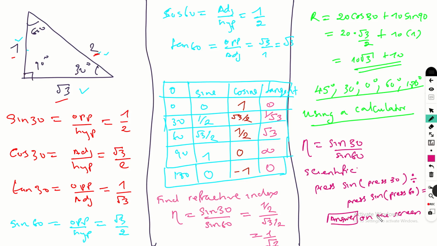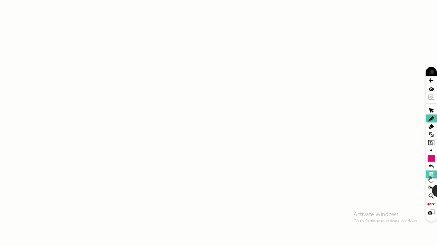That's it. Now, some people have different calculators that are not scientific ones, that do not have the bracket. So in that case, you have to press 30, press sine, and you have a value. Copy it and write it down.